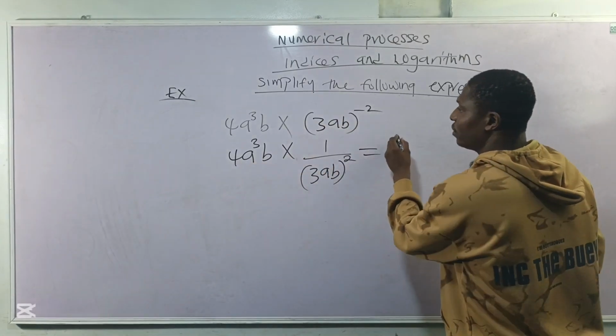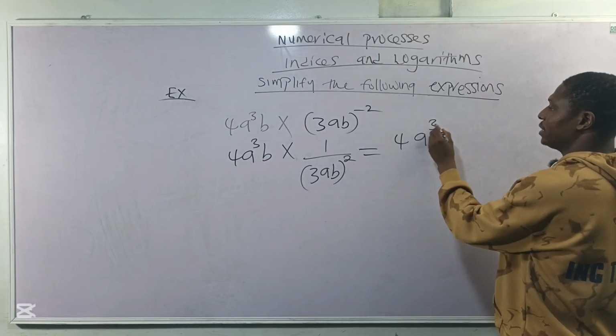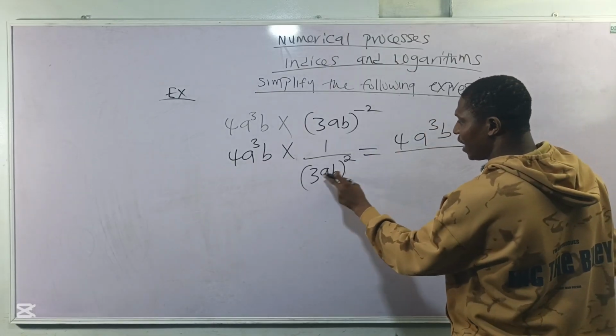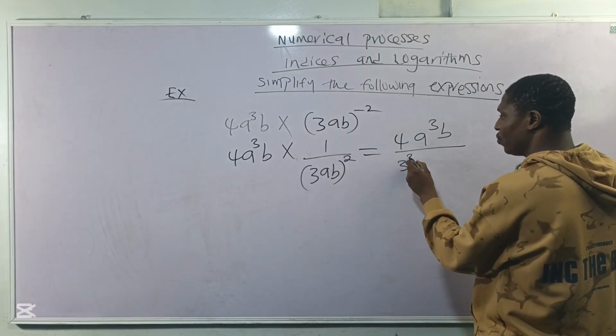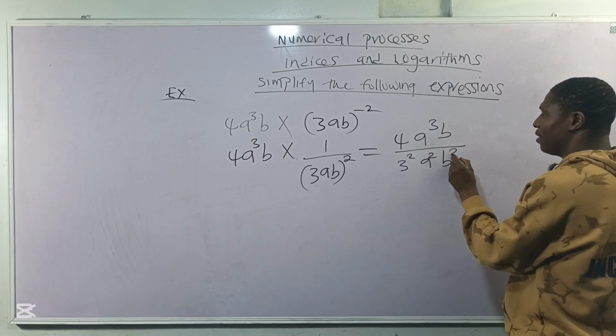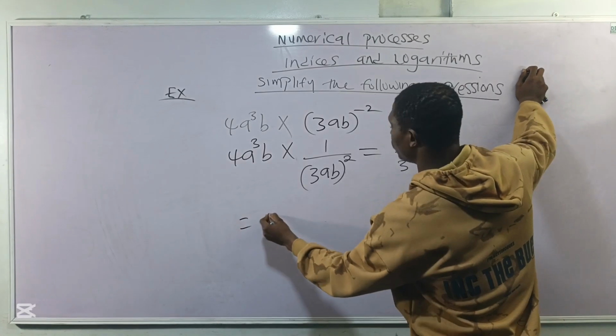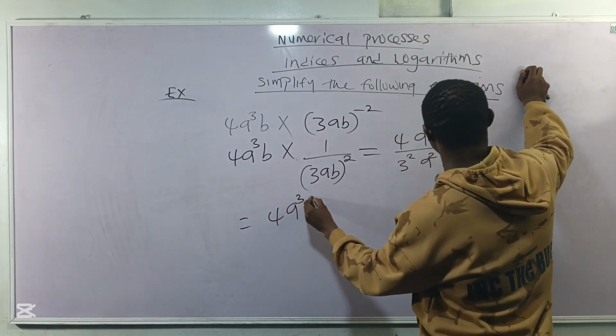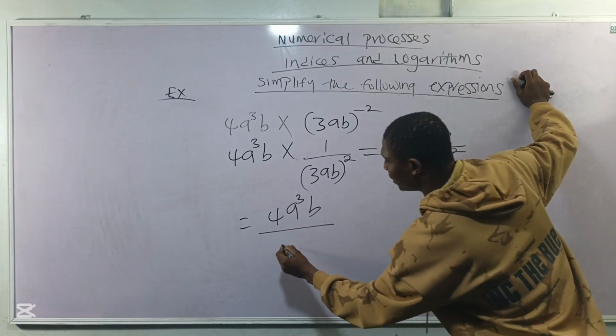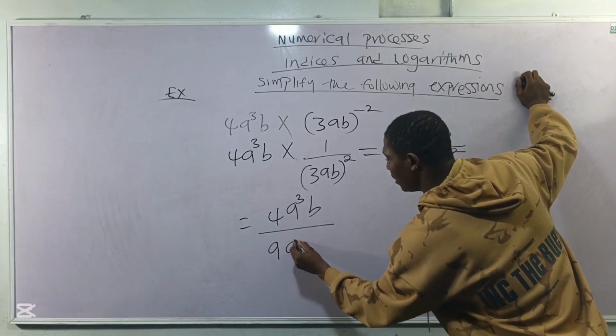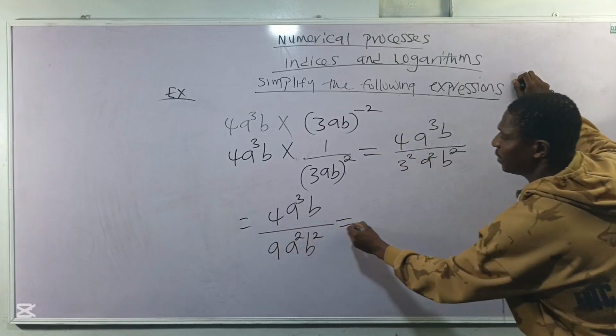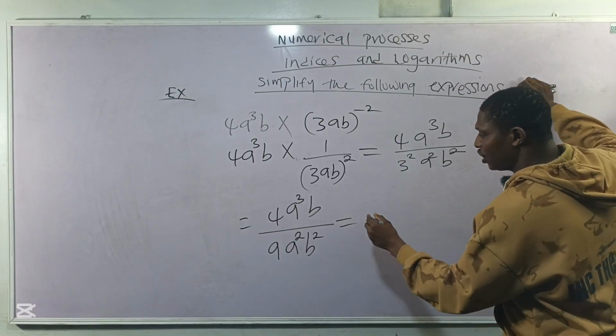This will give me 4a raised to power 3b all over. The square affects everything inside, so this becomes 3 squared, a squared, and b squared. This will give me 4a raised to power 3b all over 3 squared is 9, a squared, b squared.